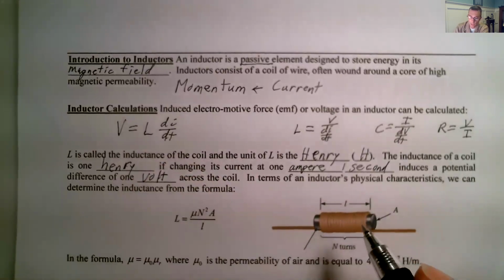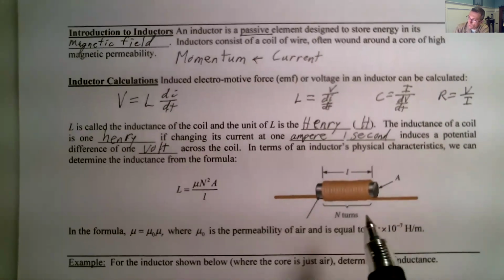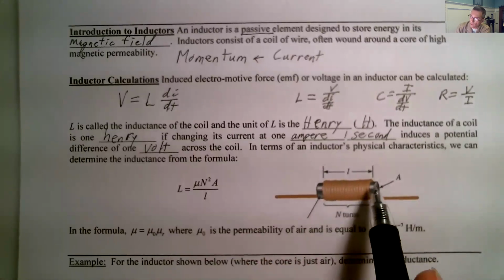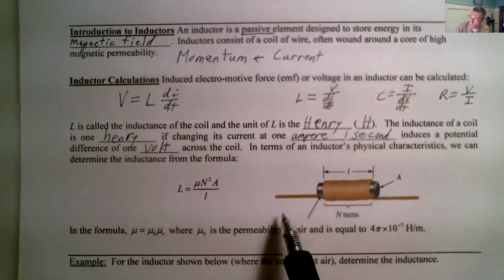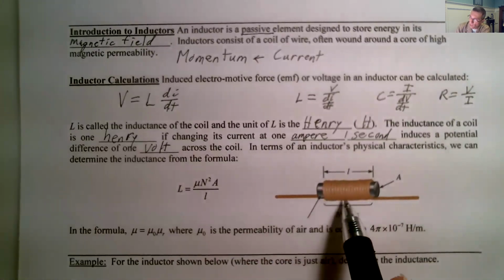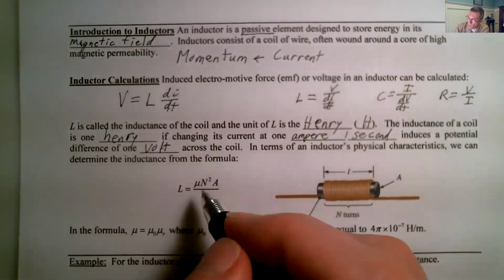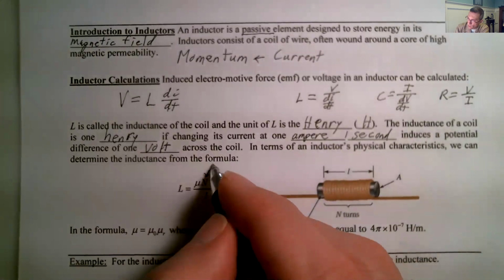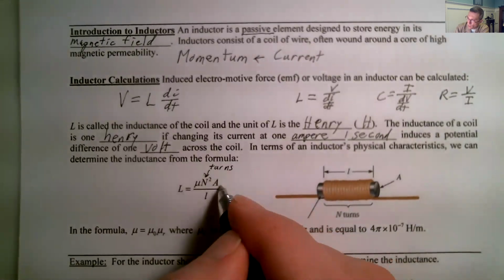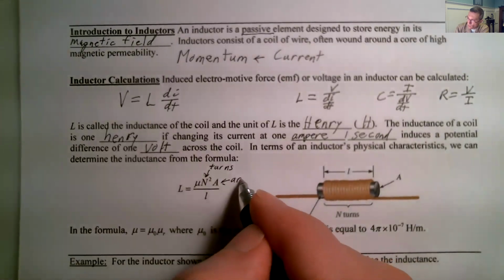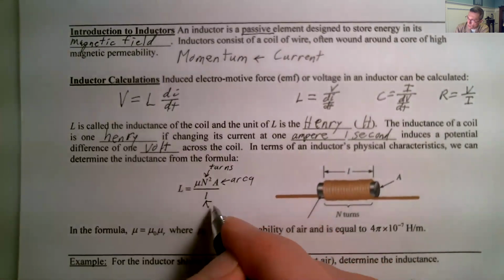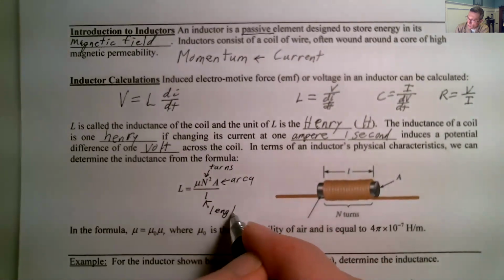In terms of an inductor's physical characteristics, if you're going to use the physical measurements, you've got a coil like this. It's got a certain number of turns, N. A is the area of the coil, and L is the length of the coil.